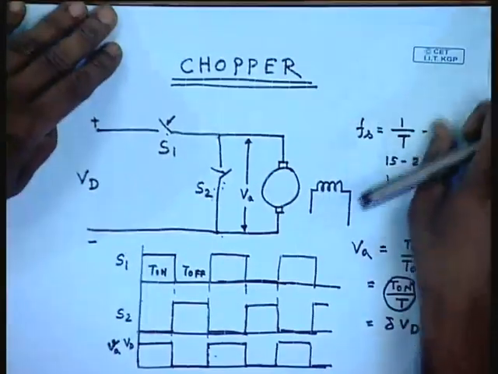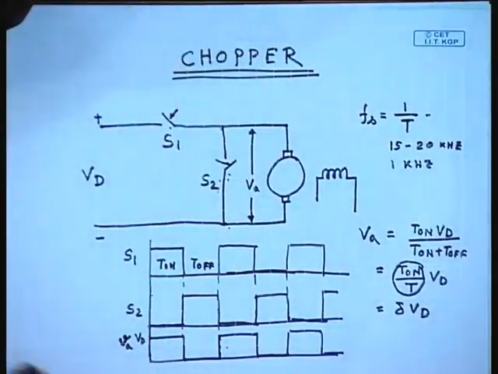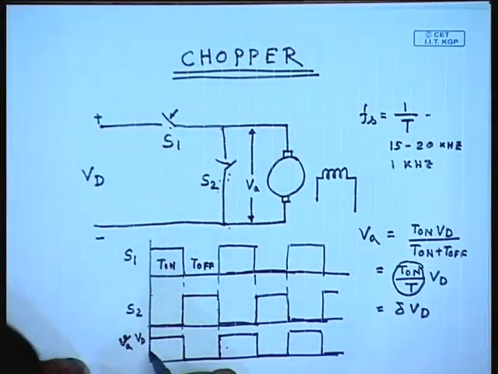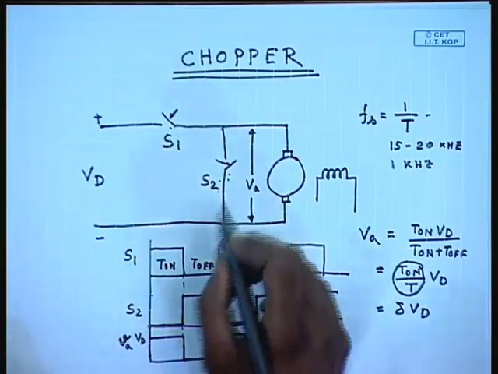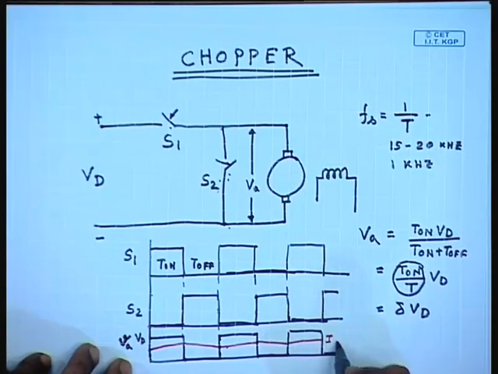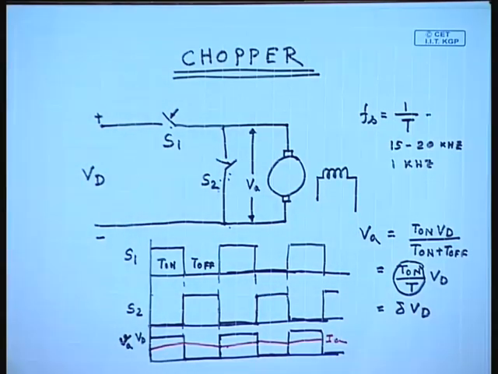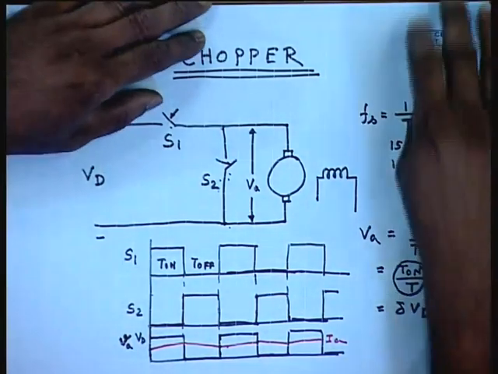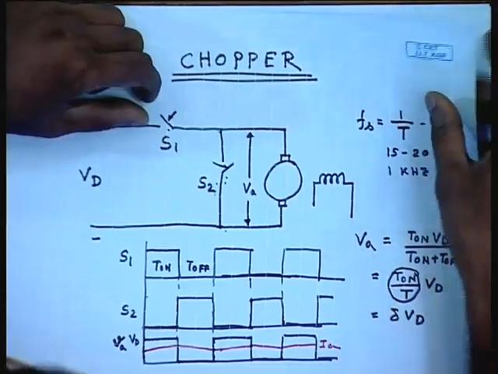So, if we look at the current waveform, even when the applied voltage looks like a pulsed waveform, the current is almost DC. The pulsation in the current is very small. This is Ia. Hence, torque is almost smooth and speed is determined by the average DC voltage.